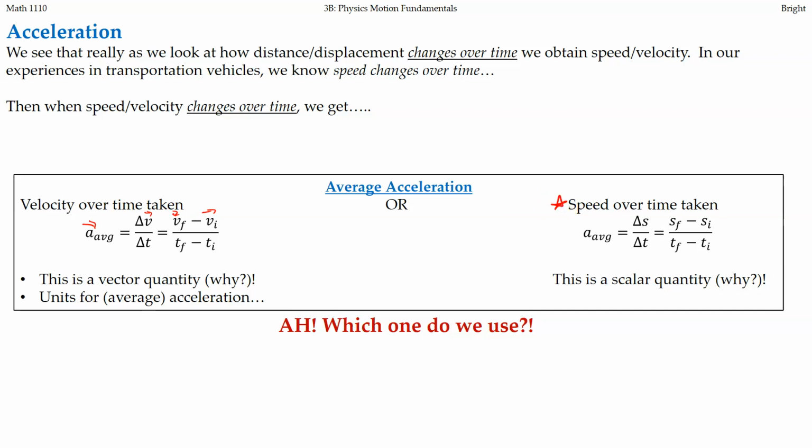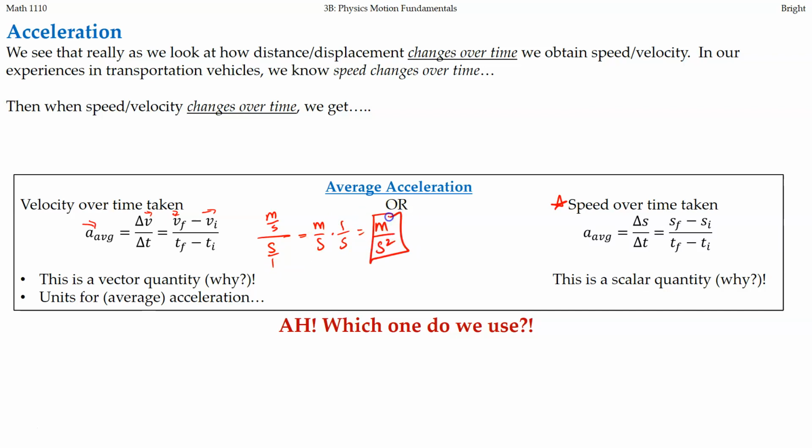Now in terms of units, these are kind of interesting, and you've actually seen these already. Velocity had units like meters per second, and then we divide that by seconds again. Mathematically, this ends up being meters per second times, because if we divide by a fraction we multiply by the reciprocal, 1 over s, so we just get meters per second squared.